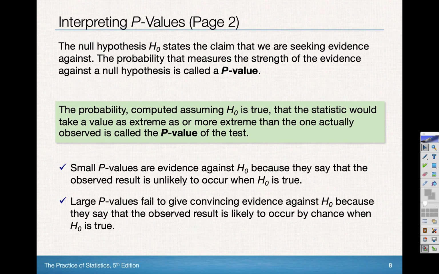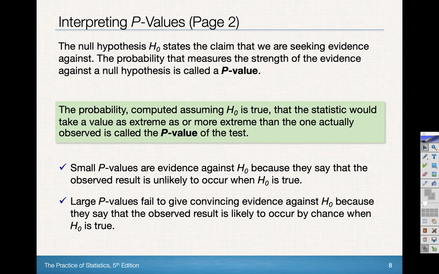Small p-values give us evidence against the null hypothesis because they say that the observed result is so unlikely to occur if the null hypothesis is true. So therefore, the null hypothesis probably isn't true. A large p-value fails to give convincing evidence against the null hypothesis because they say that the observed result is likely to occur by chance if the null hypothesis is true.